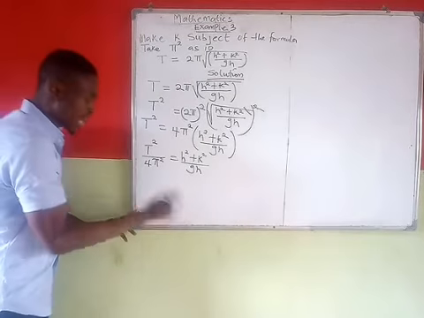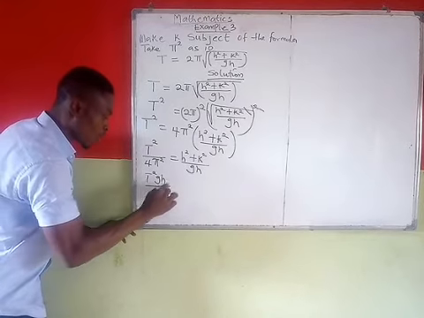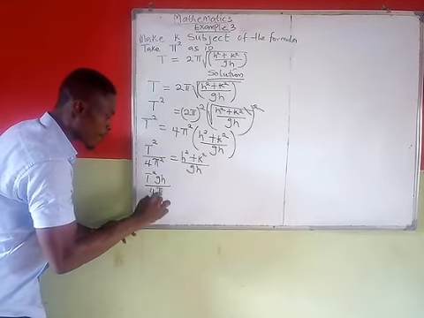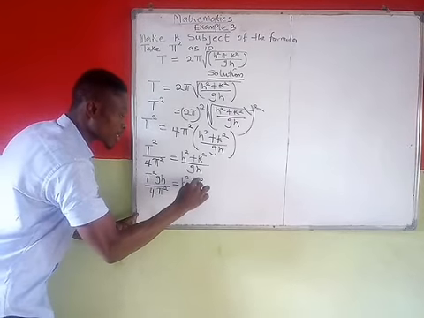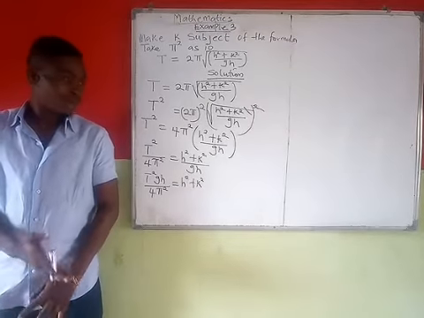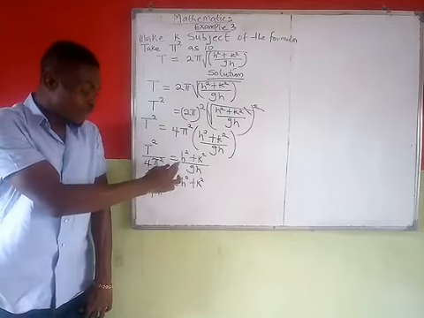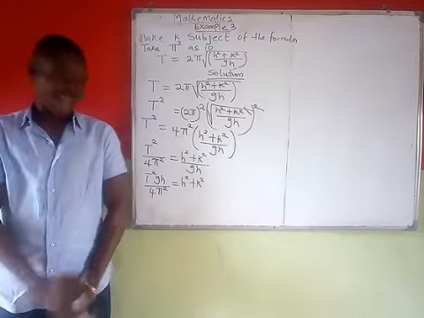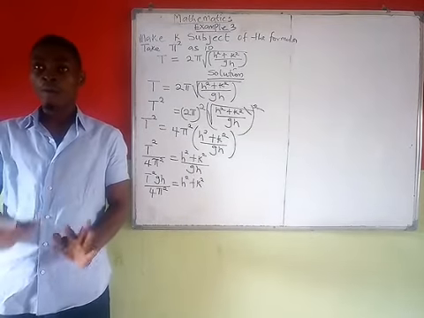So if we do that, we get T squared gh over 4 pi squared is equal to h squared plus k squared. Now you see that we are going down to the list. You now see that the right hand side is just h squared plus k squared, and now the left hand side is T squared gh over 4 pi squared.